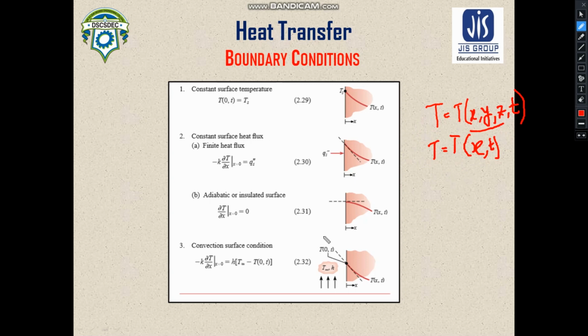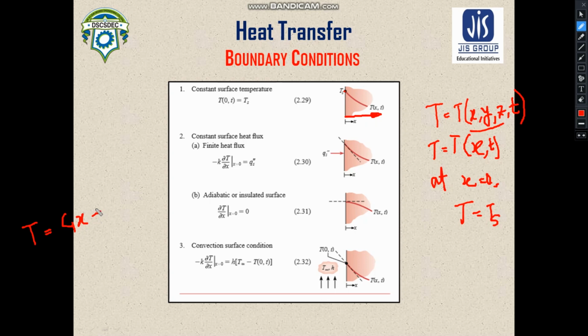Here this represents the x-axis and this represents the temperature axis. So at x equal to 0, the constant temperature T can be written as Ts. This is a boundary condition. Like previously, we had found this equation.